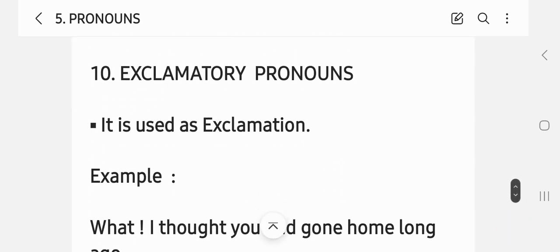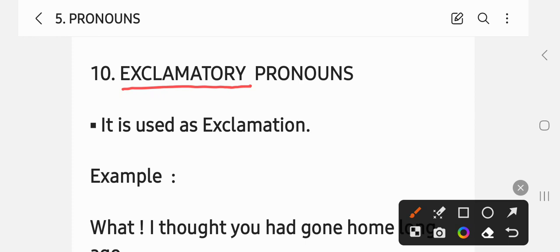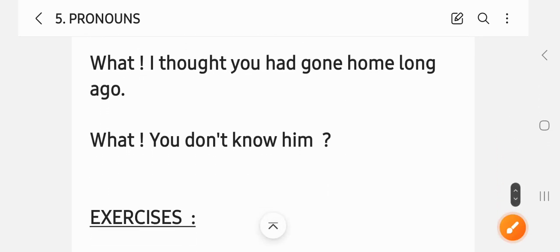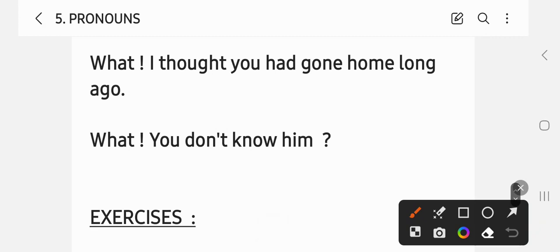The next kind of pronoun is exclamatory pronouns. Exclamatory pronouns are used as an exclamation itself. For example, what, a pronoun what with an exclamation mark.